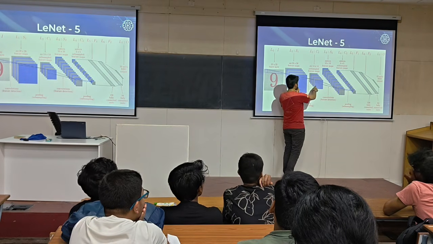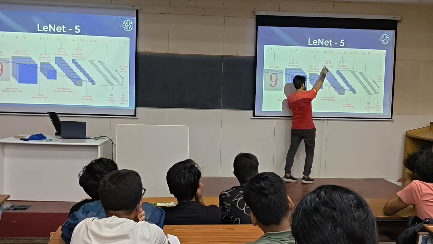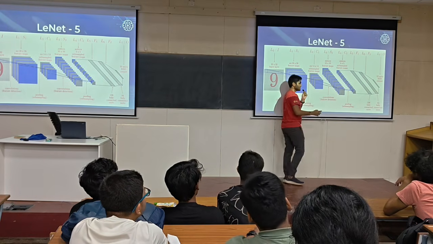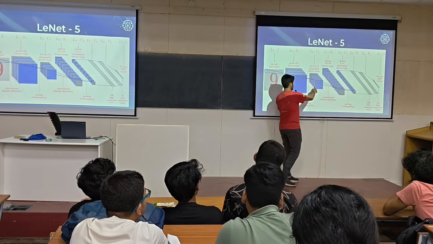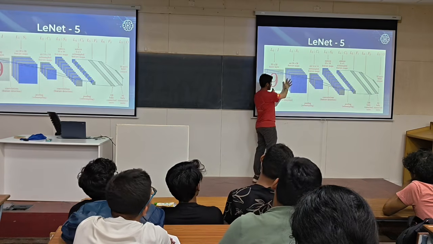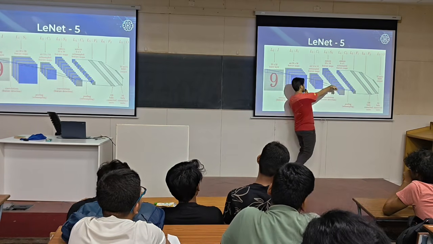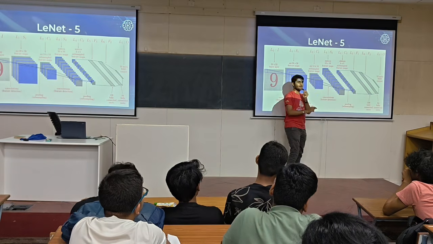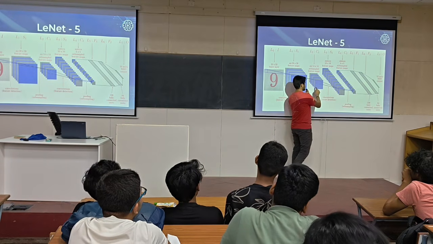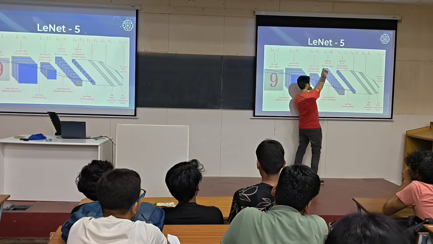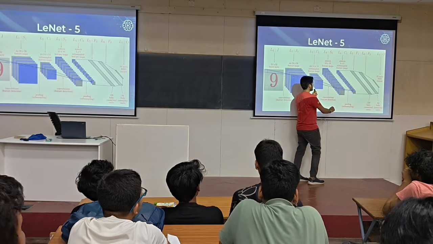After these 6, we had another 16 features. So you convolved over the convolutions. You had one layer of convolution, and now you have another layer of convolution, where you have 16 convolution matrices, and each of them is 5 cross 5. You get 16 10 cross 10 feature maps.